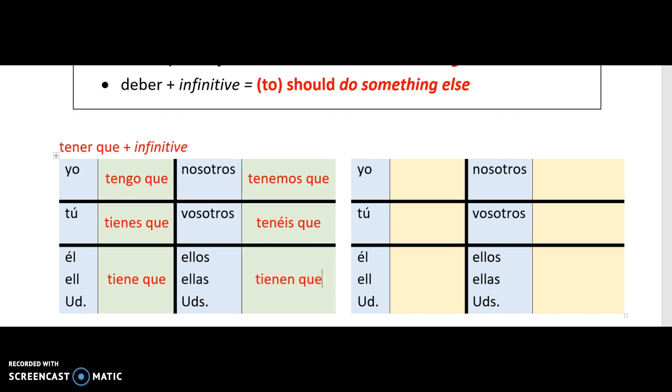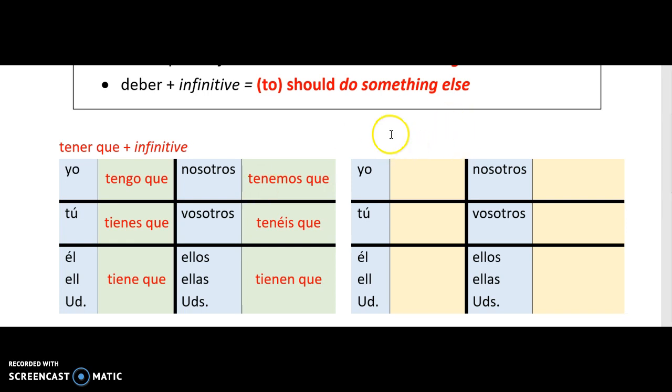Okay. So that is our irregular yo stem changing verb. Just adding que behind it. Notice that this que does not have an accent mark. It's not question que. It's used as part of the phrase to connect the conjugated verb to the infinitive.